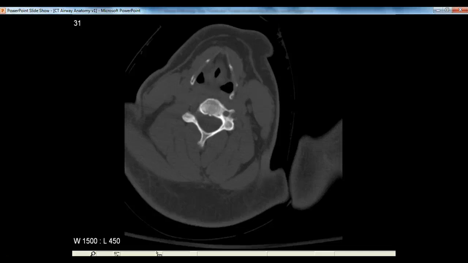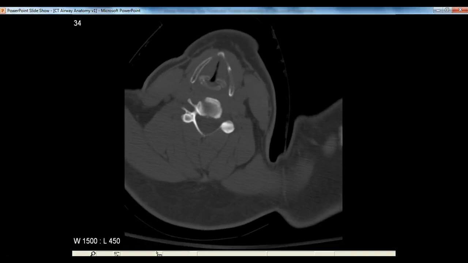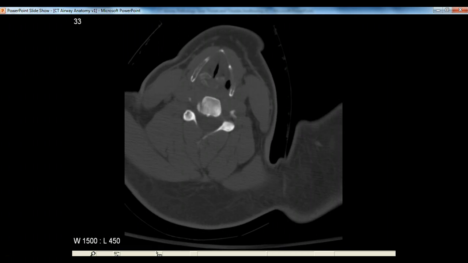It's got a ring structure in the front, and then the back actually has a pointy extending piece that extends superiorly in the back of the V made by the laryngeal cartilage. And you can see it right there. And so those folds attach to that in the back.